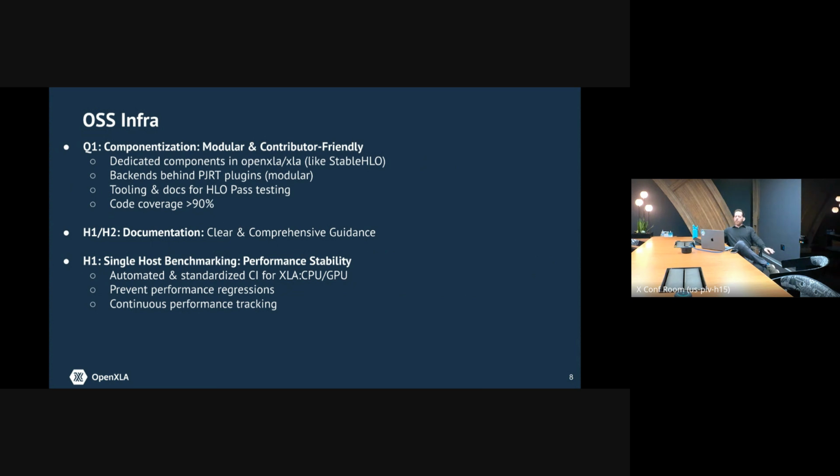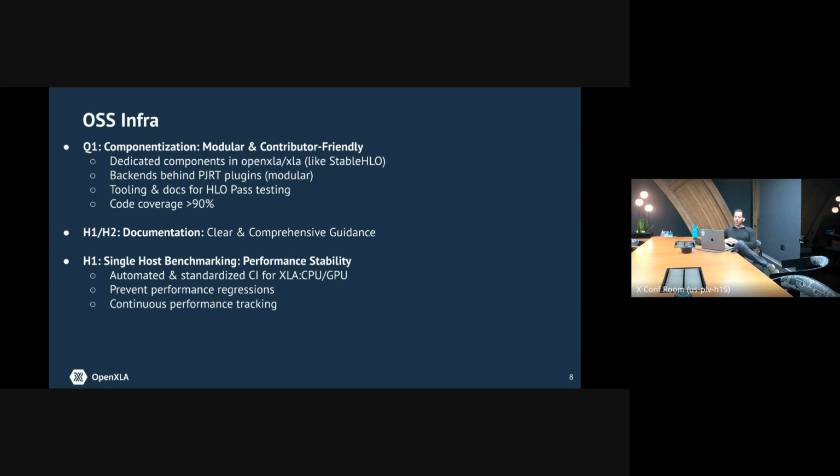Getting into OSS infrastructure. The first one is componentization. I know I've heard this requested a number of times, and we're working on OpenXLA componentization. This means we want to create dedicated components within the XLA code base, similar to how StableHLO is organized. We'll also be moving backends behind PJRT plugins for better modularity.